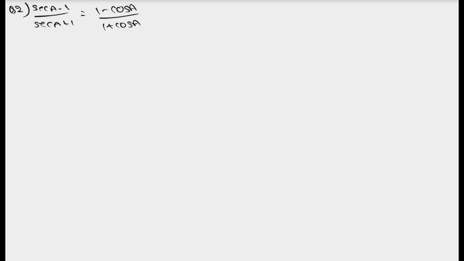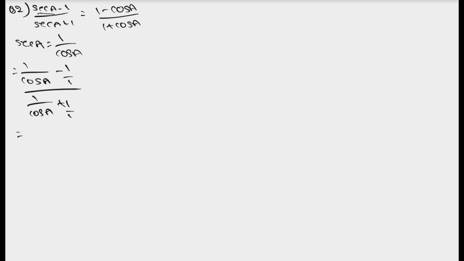So this is our question number 2. Same as the first question, we'll take the LHS value to get the RHS. This secant can be written as 1 by cos. Convert this secant into cos. So we'll be getting 1 by cos A minus 1 by cos A plus 1. Next, we need to take the LCM.